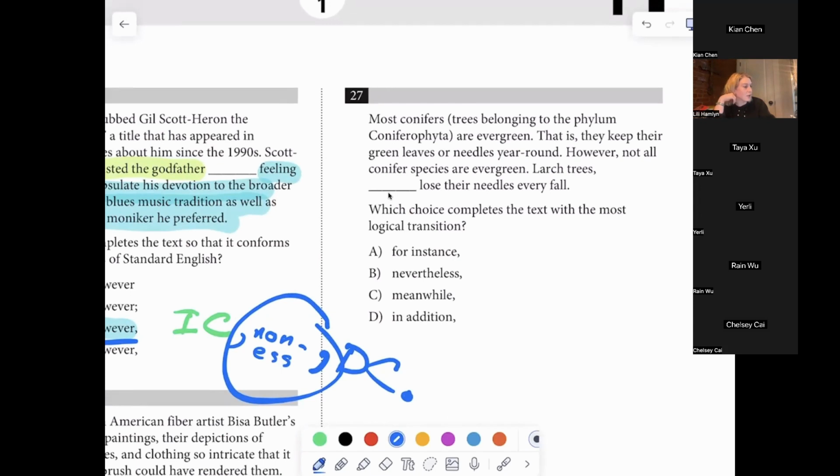That is, they keep their green leaves or needles year round. However, not all. Yeah, good spot, guys, because it's not that easy, this one. Because we're saying, yeah, an example follows. So we want "for instance," so we've already had our "however." So here we're saying that these larch trees lose their needles every fall. So we want to continue it, and it's "for instance."